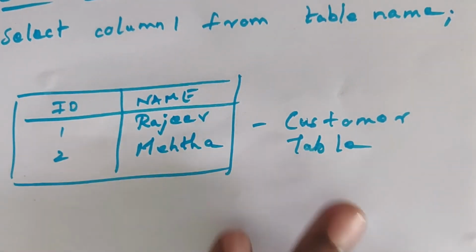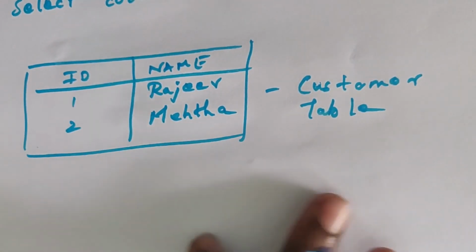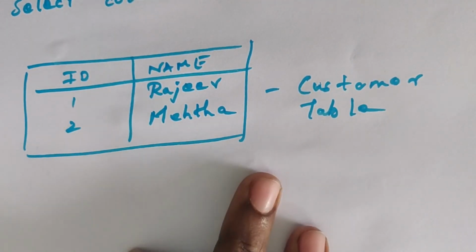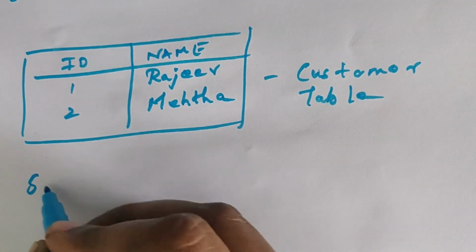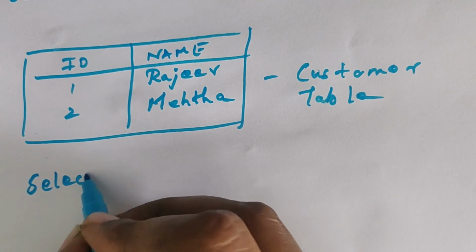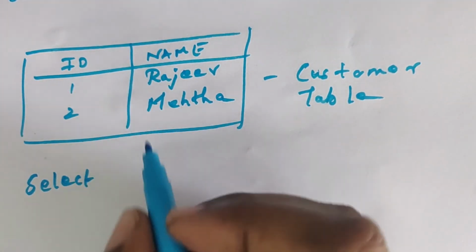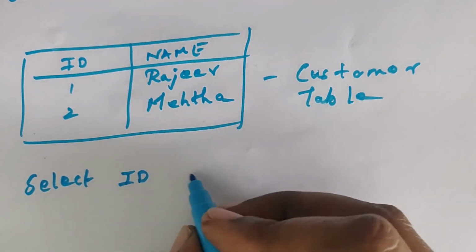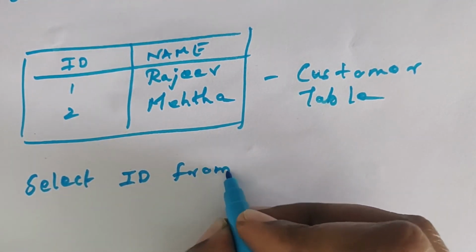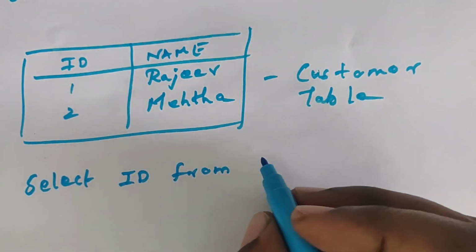For this customer table, we have ID and name. Now if I try to run select column name, the first column is ID, so select ID from table name, which I am giving as customers.